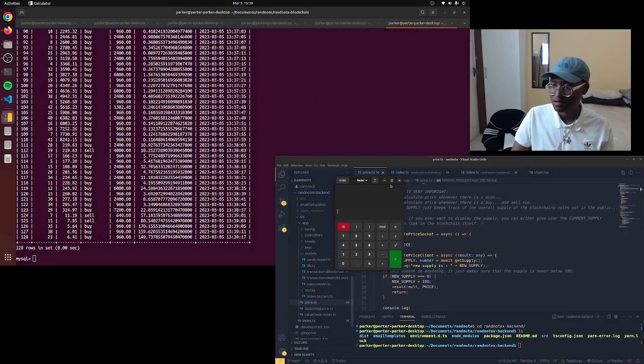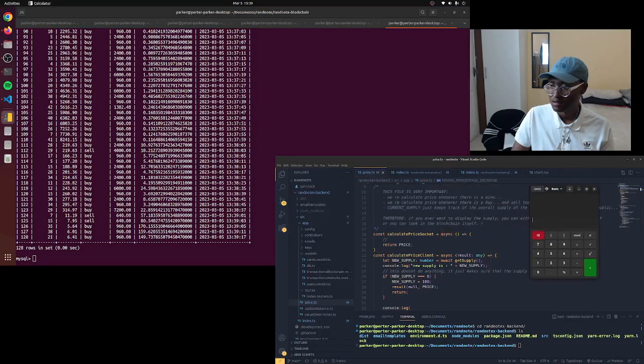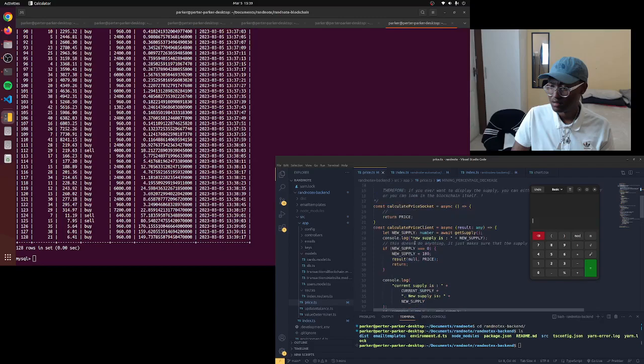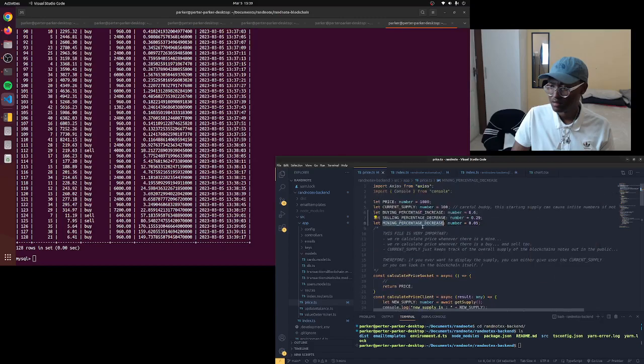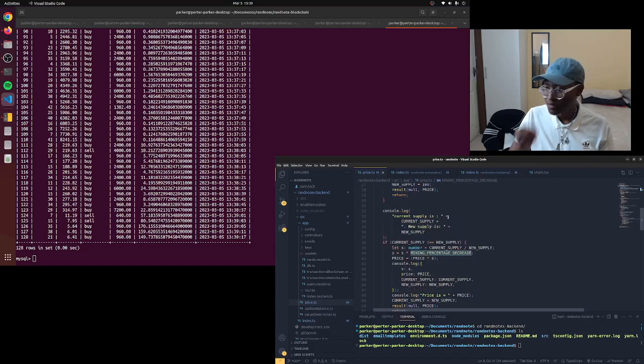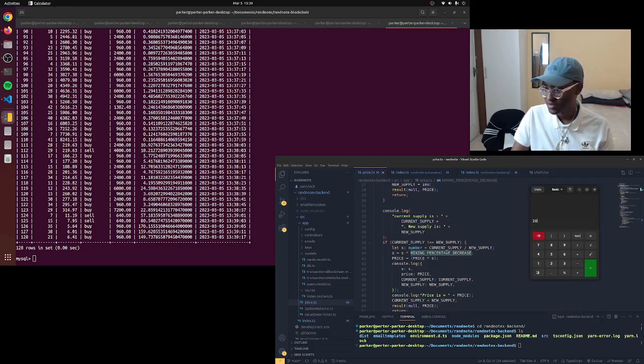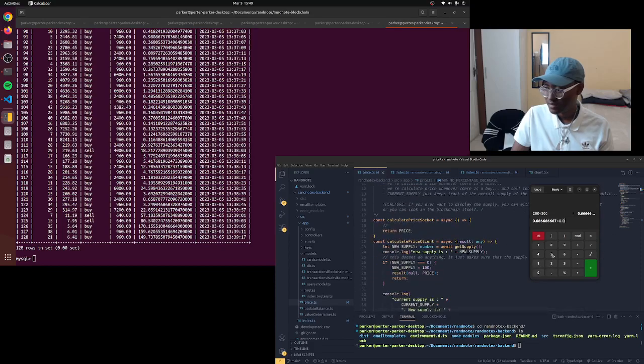When the current supply is 200, let's say supply is 200 divided by 300, our S value is 0.66. 0.66 times the percentage, 0.05, becomes 0.03.